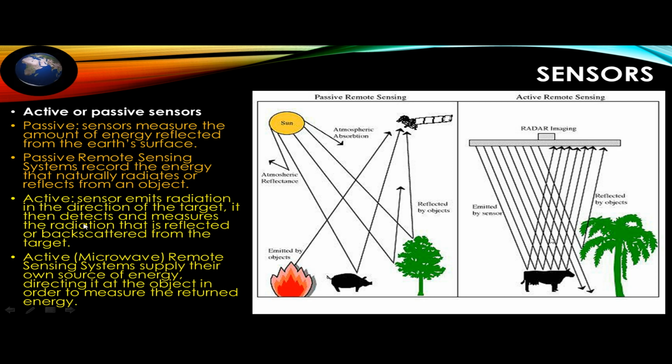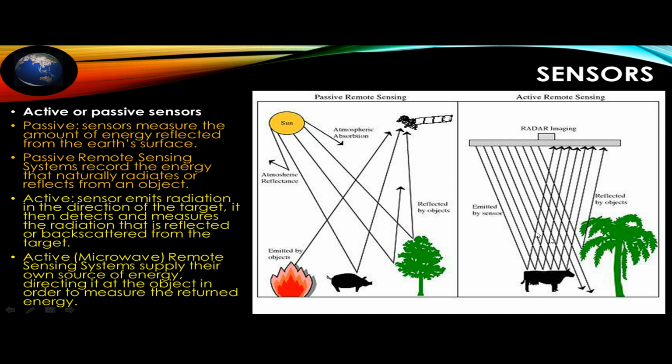It then detects and measures the radiation that is reflected or backscattered from the target. The active or microwave remote sensing system supplies its own source of energy. As I told, it is emitting its own source of energy to get the reflectance from the earth surface feature, directing it at the object in order to measure the returned energy.